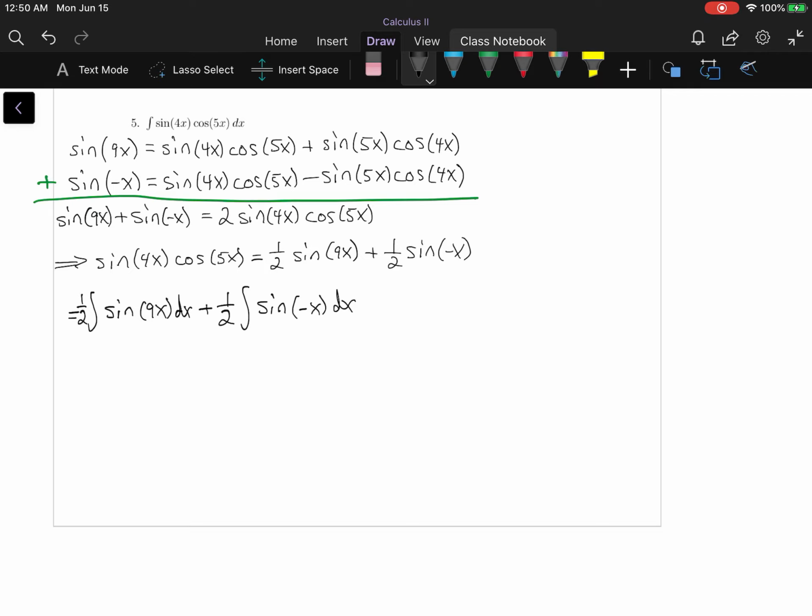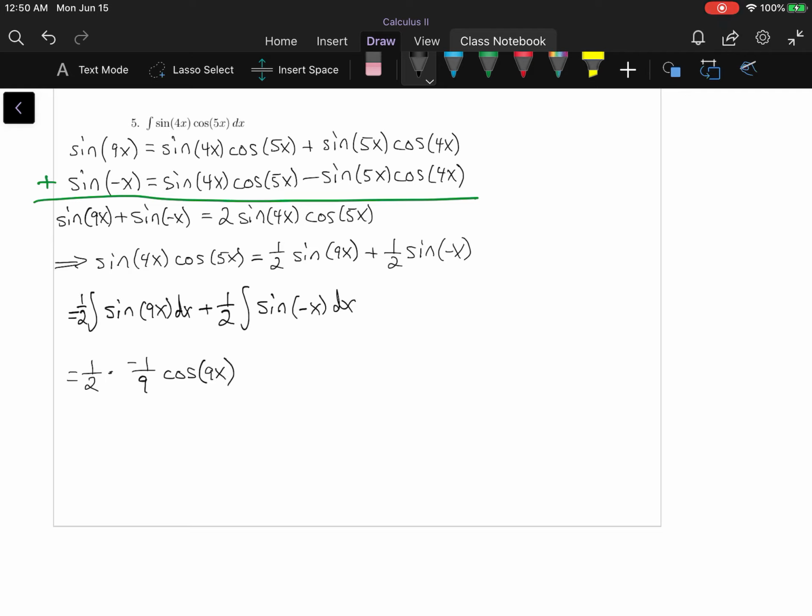So let's go ahead and integrate this. The integral of sine of 9x, 1/2 is remaining. We're going to have negative 1/9 cosine of 9x.